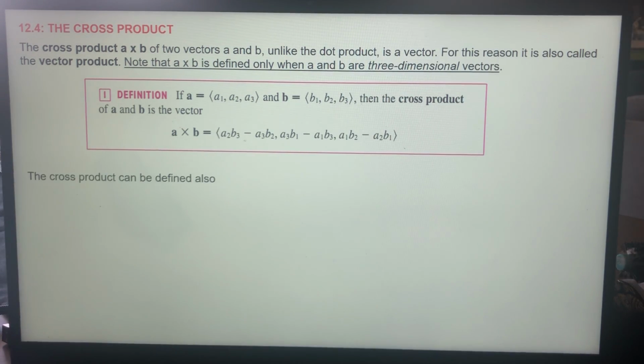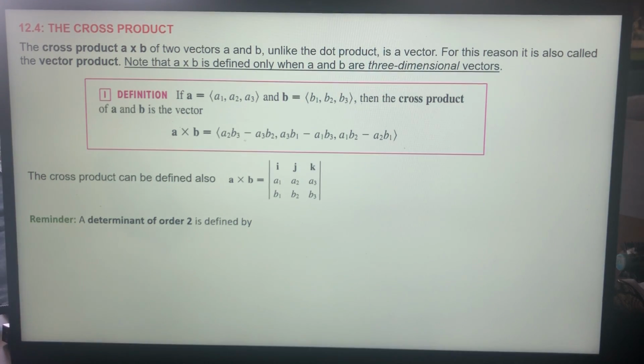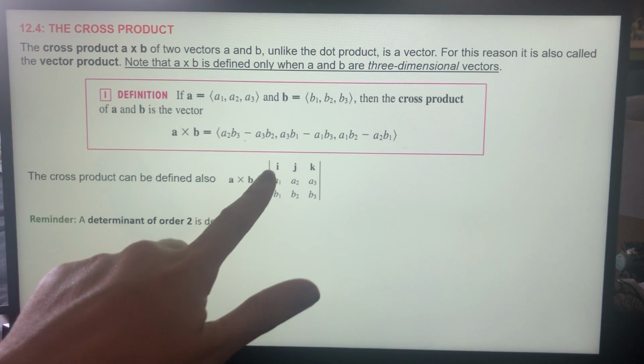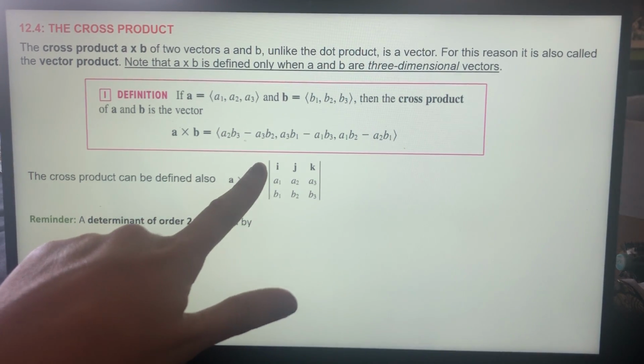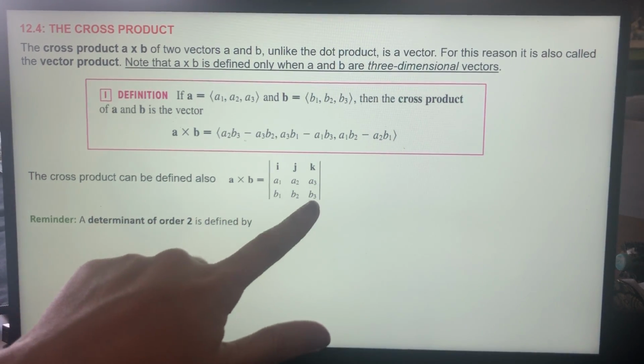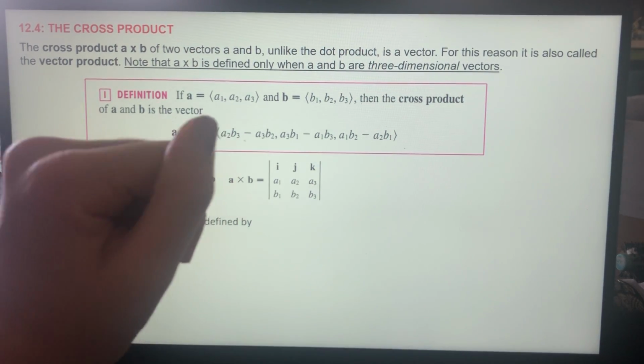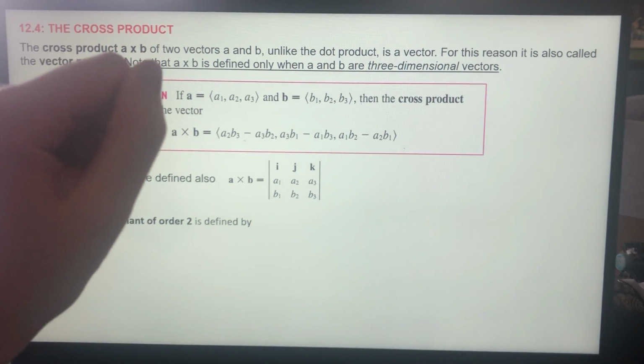This formula comes from the determinant of the two vectors with the standard basis vectors. The vector product is the same as the determinant of i, j, k, the components of the first vector, and the components of the second vector. Once you take that determinant, you find exactly this formula.